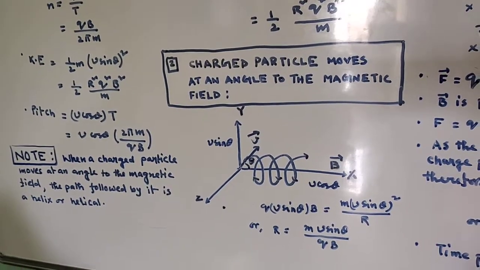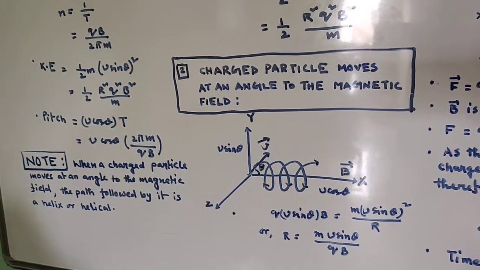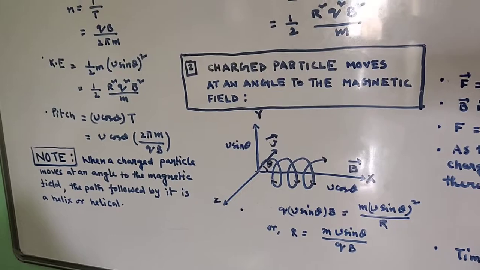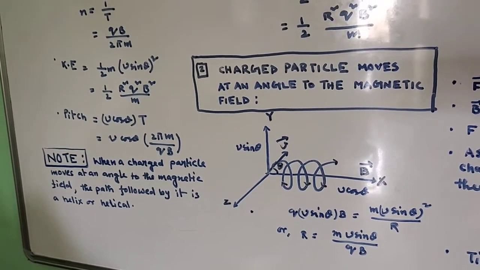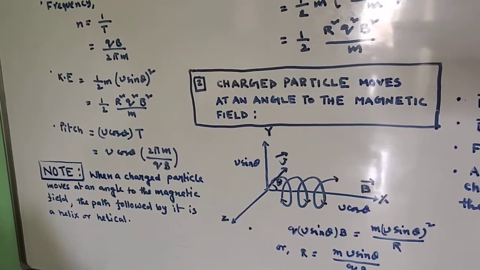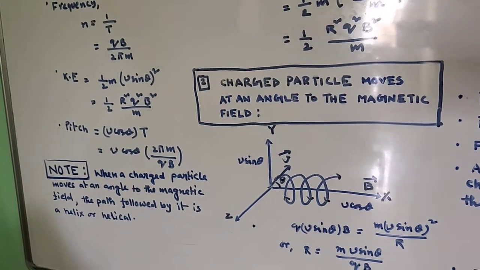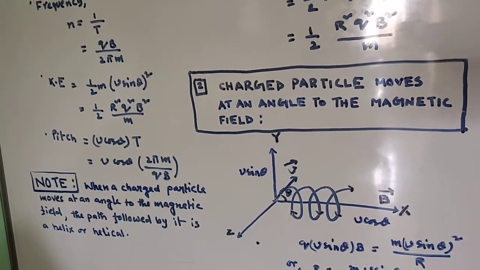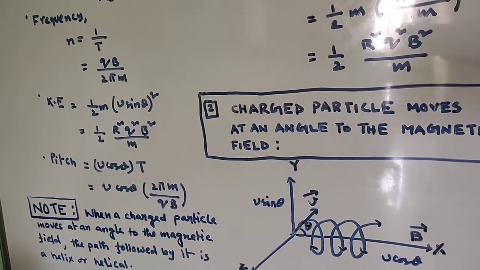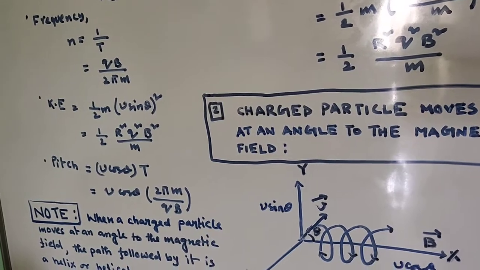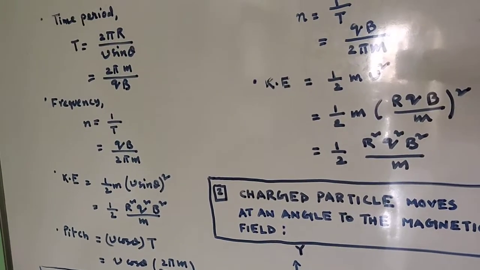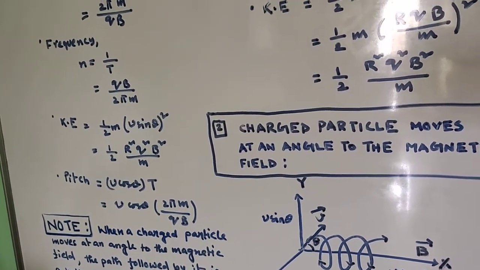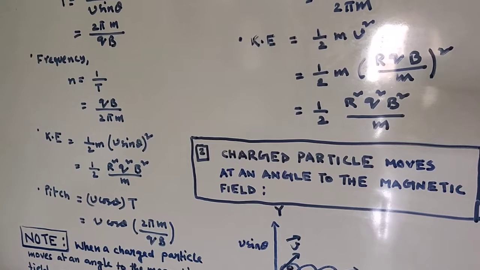Pitch is nothing but the linear movement described by the charged particle during one complete rotation of the circular movement. One complete rotation is the time period capital T, and the velocity that drags the path along the x-axis is v cos theta. So v cos theta times T gives you the pitch, the linear distance. In place of T, we substitute 2 pi m by qB.